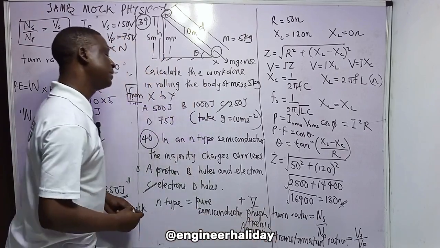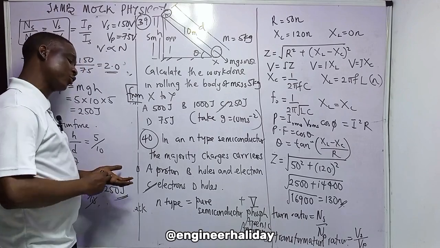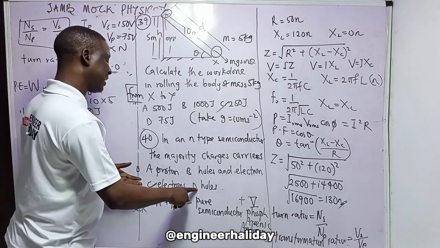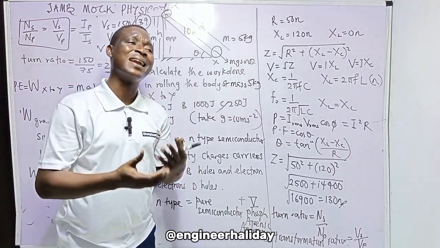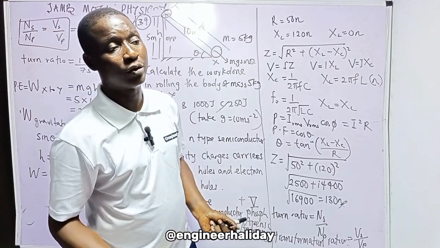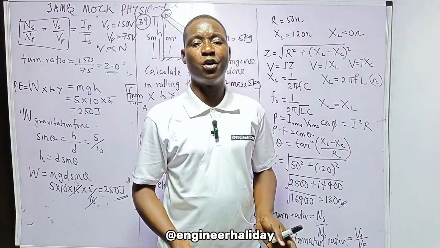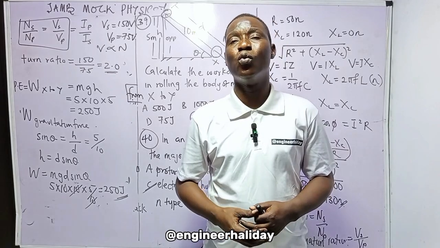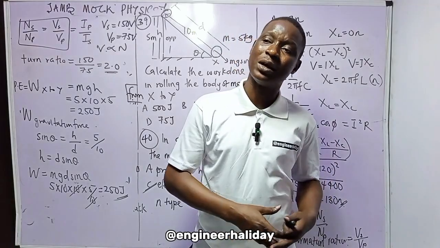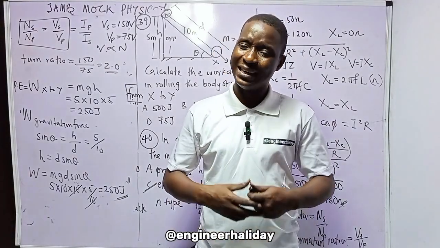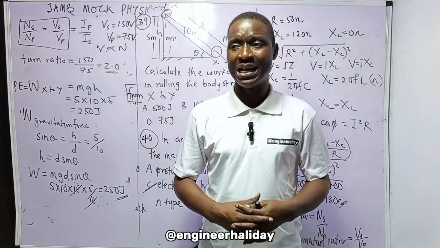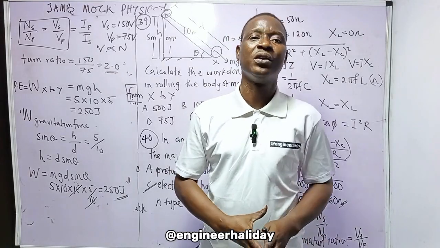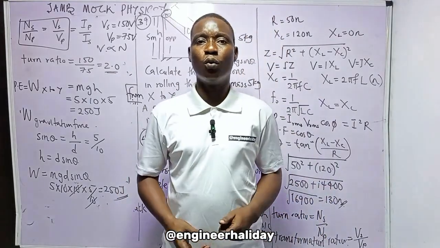So the majority carriers for n-type are electrons, while the minority carriers are holes. Don't forget that the carriers of a semiconductor are electrons and holes. The carriers of ions are electrons and ions. The carriers of gas are electrons and ions, and carriers of metals are electrons only. Carriers of electrolyte are ions, which are cations and anions.